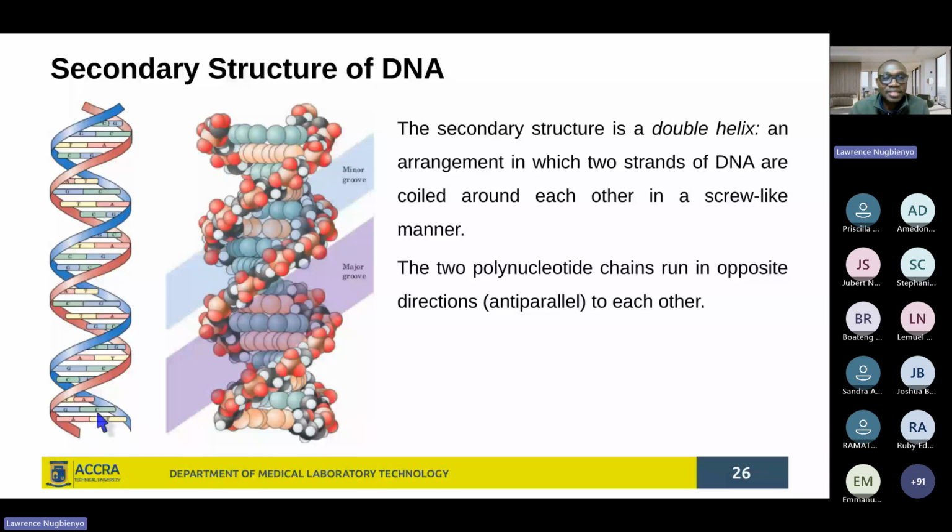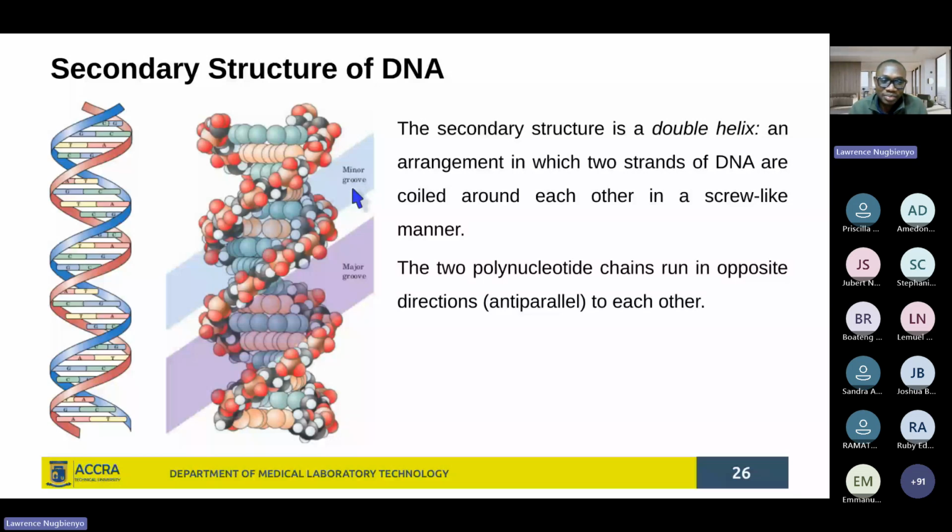Now, another thing is that when you have such a double helix structure, that twining of the DNA, you do have some spaces, some small, some larger, like gaps formed between these winds, which are referred to as the major groove and the minor groove.